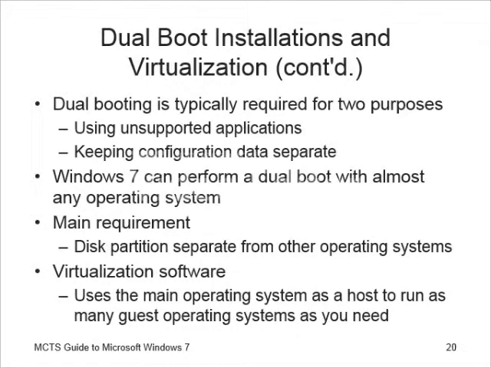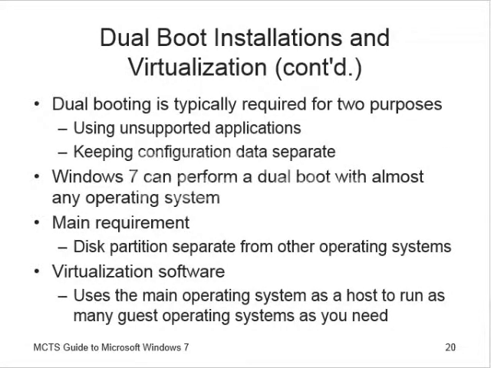To avoid this, the users or the network administrators can create a dual boot installation: in one partition they install the oldest version, and in the other partition they install the newest version. In this way, they can run the applications in different environments.